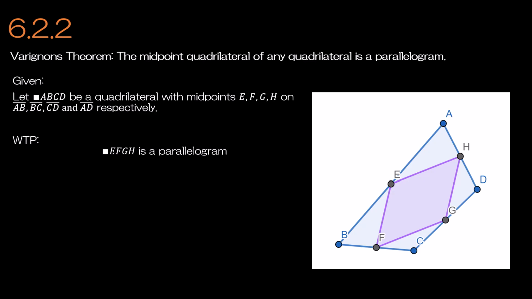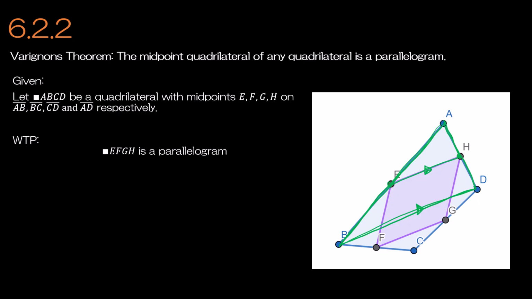Well, we're going to use good old Euclid's proposition BI2 as we have so many times before. If I take a look at triangle ABD, within triangle ABD, I know that E and H are midpoints, and therefore AEH is a similar triangle to ABD in a 1:2 ratio, and therefore I can say that these two lines are parallel.